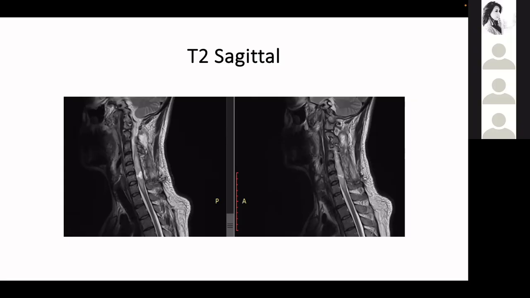Because spinal cord is different from brain. In brain, not every part is eloquent, but spinal cord is eloquent throughout, because all the tracts are passing through it. This is a difficult sort of surgery.